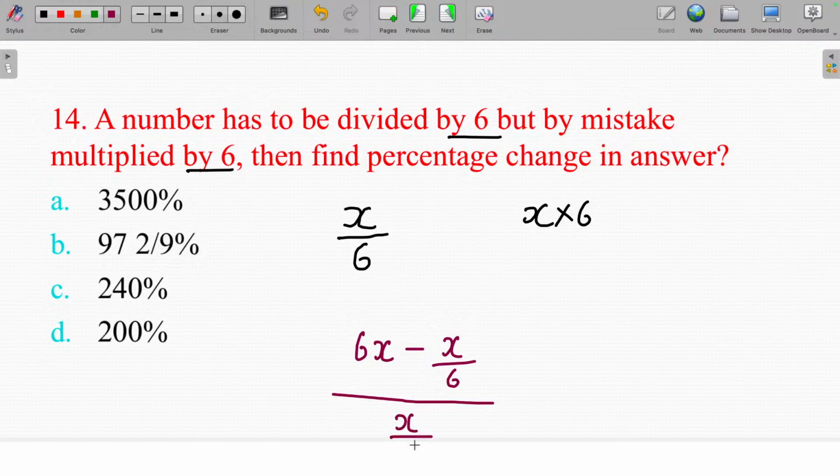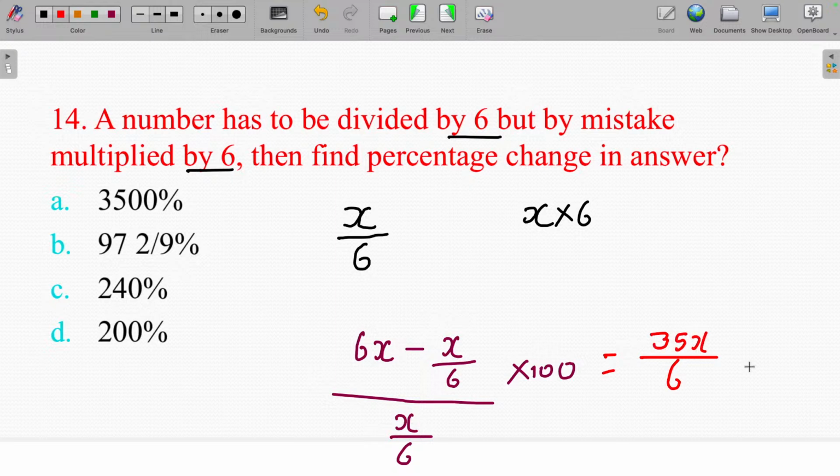The original number will be x by 6. To convert any fraction to percentage, multiply by 100. It is the basics. But method 2 I will tell. If I solve this equation, the LCM will be 6. 6 into 6, 36x minus x, that will be 35x.